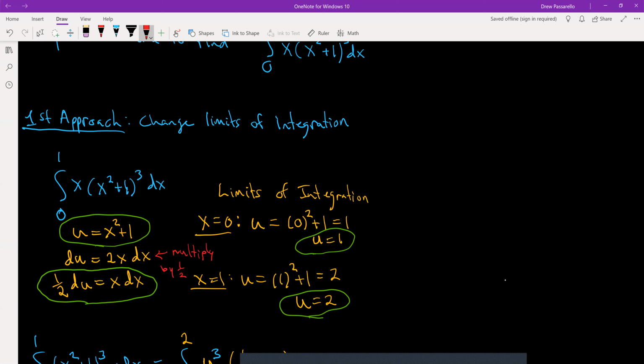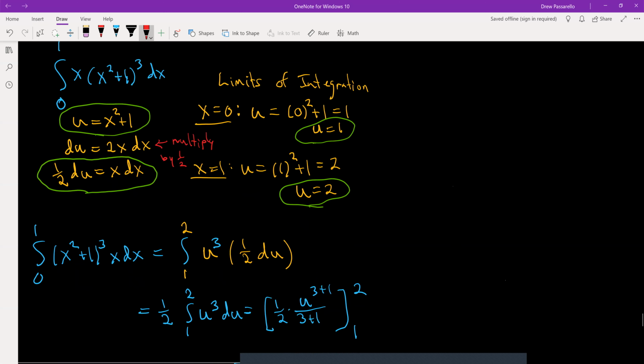All right, so now I've circled in green everything I'm going to plug into the integral. So our original integral from 0 to 1, and I reordered it so that you have the (x squared plus 1) cubed and then the x dx part. So that way you know that's u, and this is going to be something involving du, which is 1/2 du.